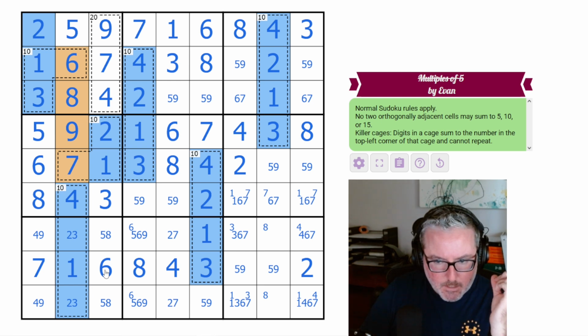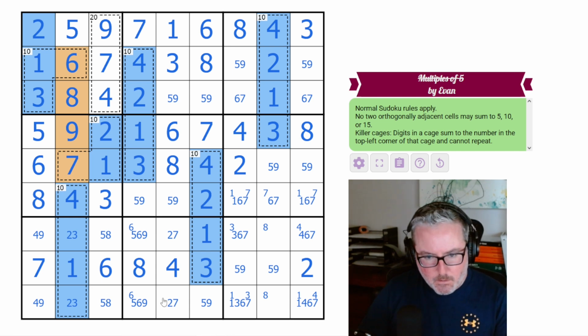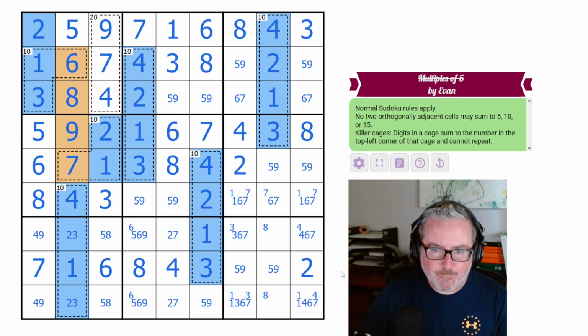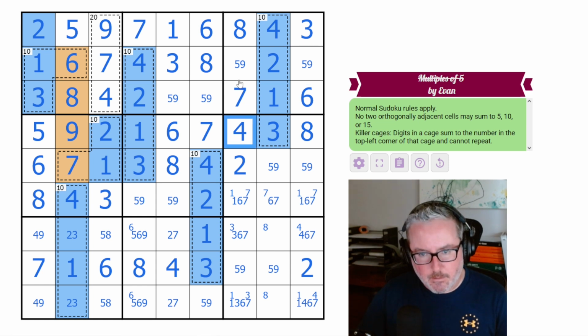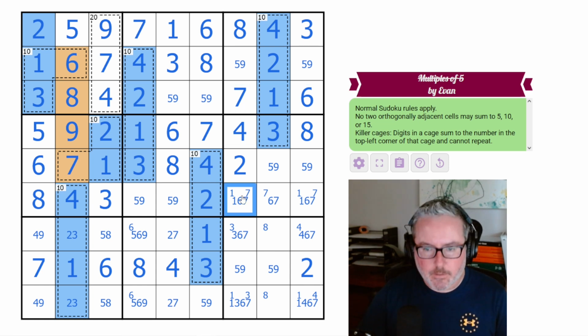Don't see anything in that particular range there. Oh, 4 here. That's a little bit of an obvious thing. There we go. So again, it just didn't quite locate that negative constraint there.